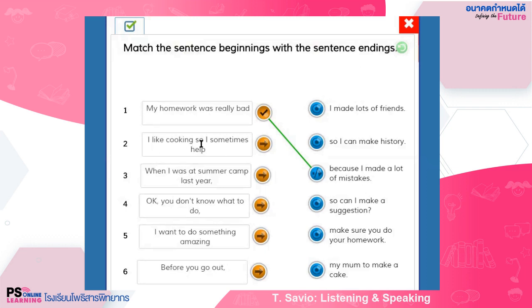I like cooking, so I sometimes help my mom to make a cake. Number 3. When I was at summer camp last year, I made a lot of friends. Number 4.